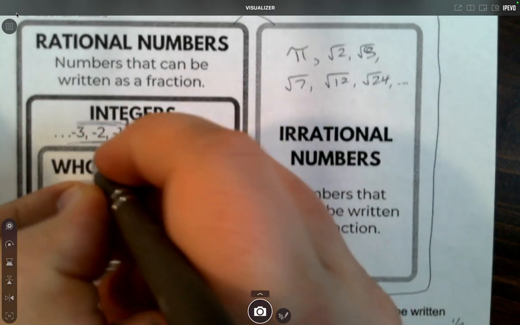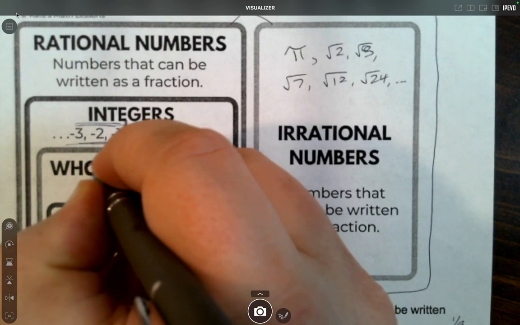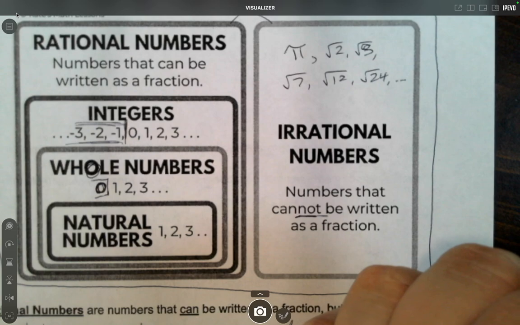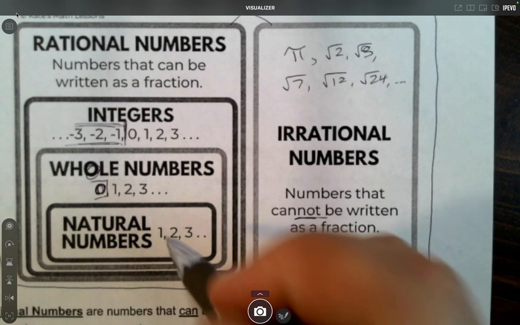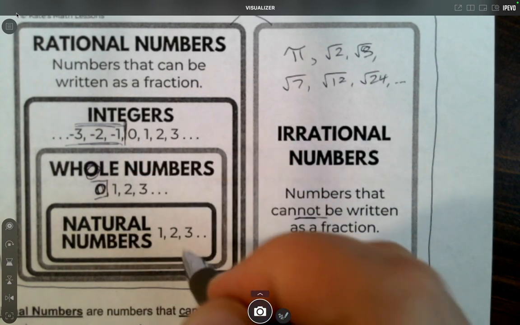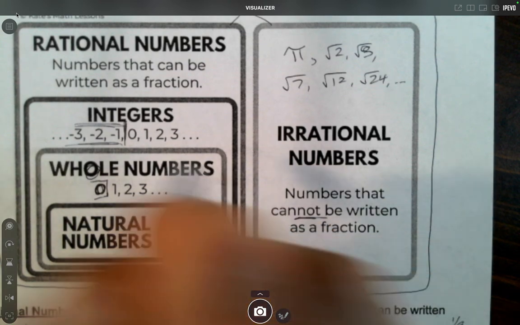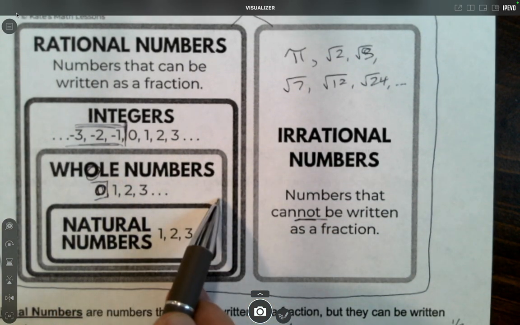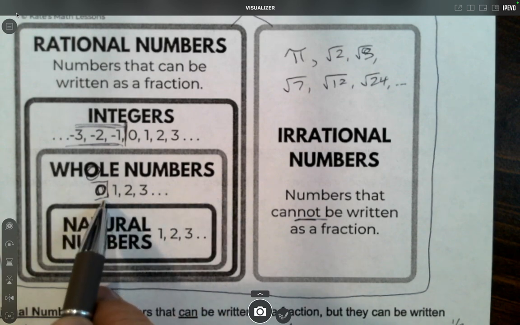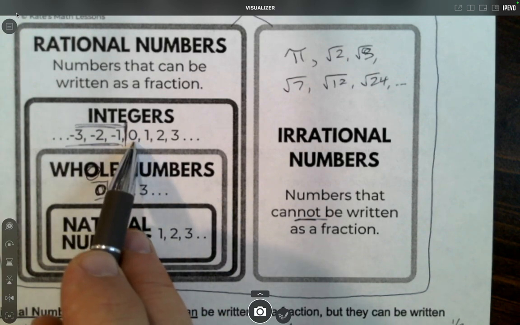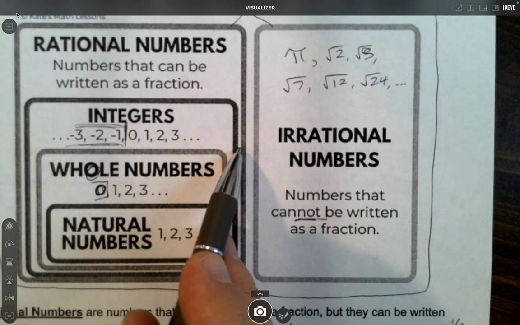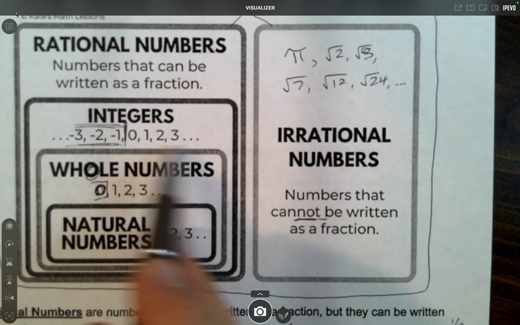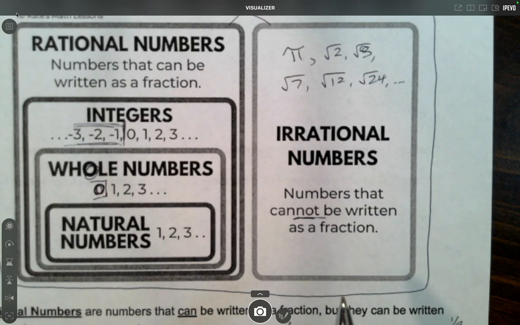So if you just remember, whole has 0. That can help. So you can also think about it from small to big. So natural numbers are the numbers we learn to count with. Whole numbers are the numbers we learn to count with and 0. Integers are all the numbers we learn to count with, 0, and the negative version of the whole numbers we learn to count with.